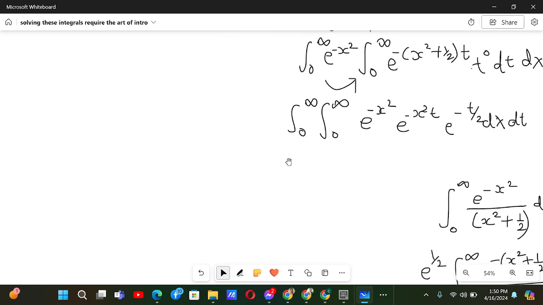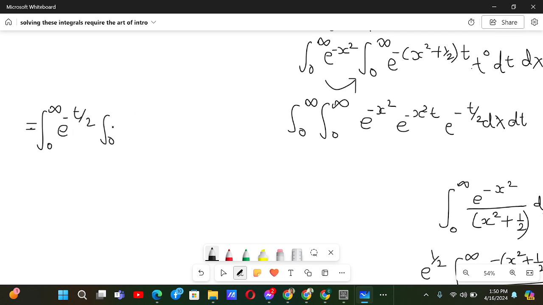Now what's next? We will try to take constants outside the integral. We will have integral from 0 to infinity. If we take the constant e to the power minus t by 2 outside, we have integral from 0 to infinity of e to the power minus x square t plus 1, and then dx dt.